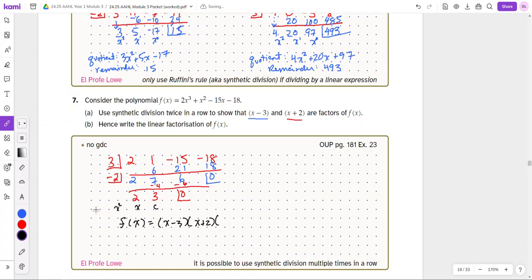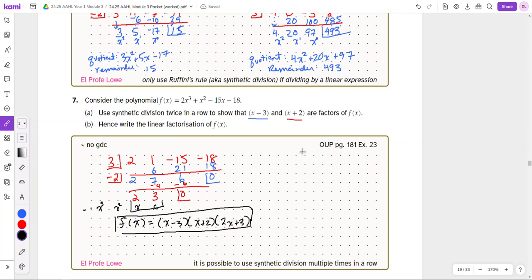If I had more terms, then I have x squared, x cubed, going on. But I stop with just those two, so I'm going to have then 2x plus 3. So that's my linear factorization of f of x, and we call it a linear factorization because f of x is expressed in terms of linear factors.